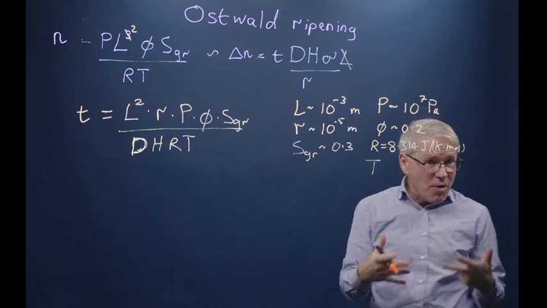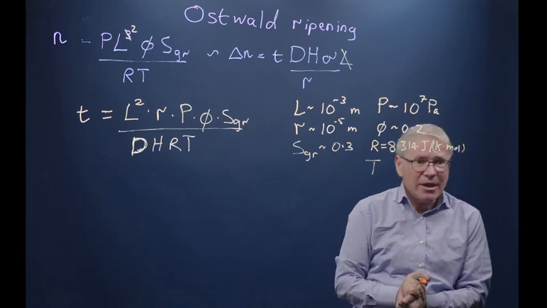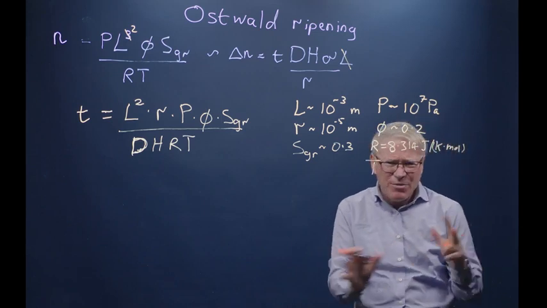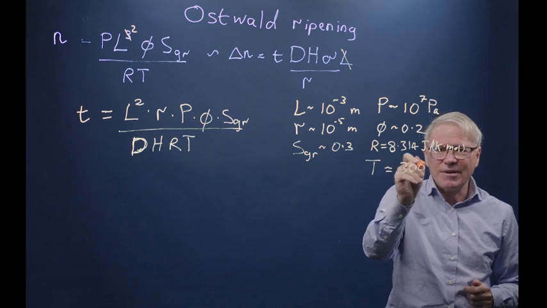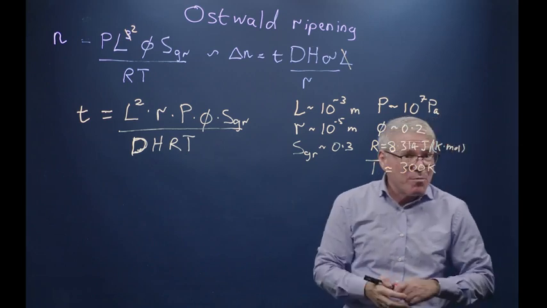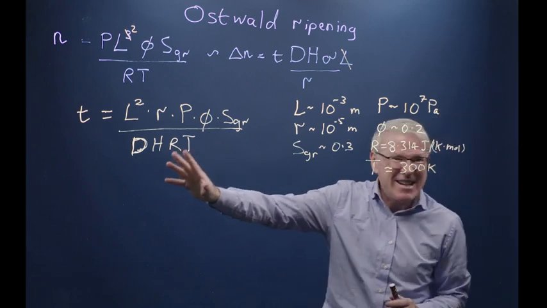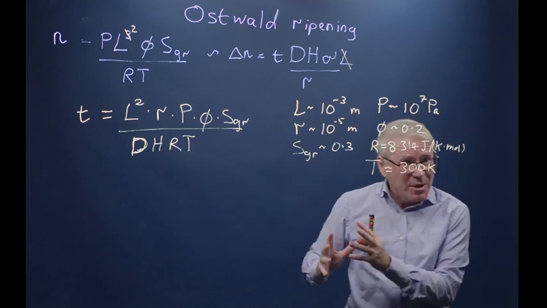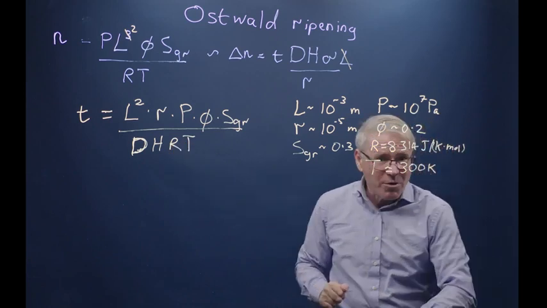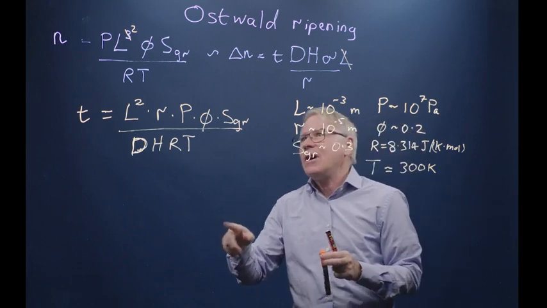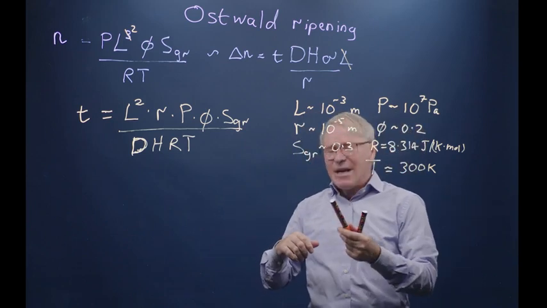Again, we're deep underground. This is absolute temperature. So 273 is 0. We're normally a little bit higher than that, so I'm going to say about 300 Kelvin. Okay? So what I'm going to do is now put those numbers in. I'm going to leave out D H just for the moment, because those are the properties that really depend on the particular gas.